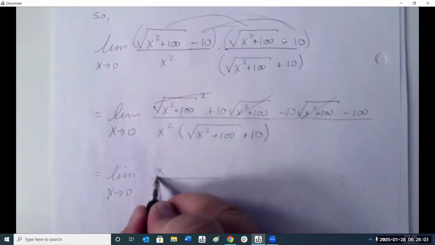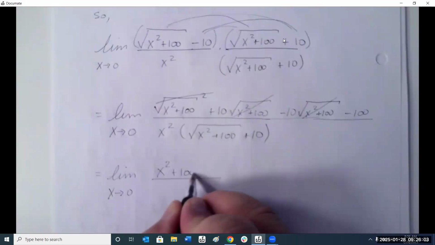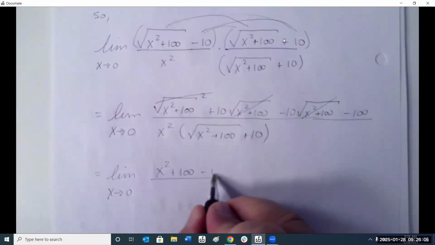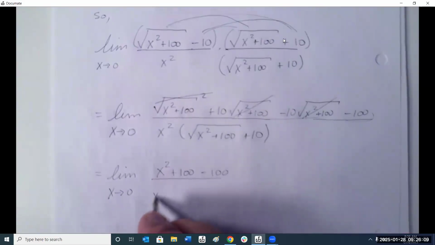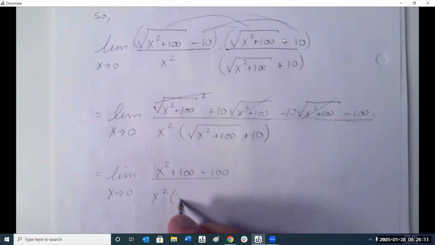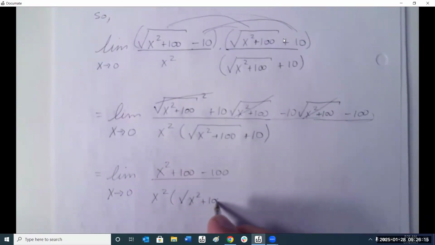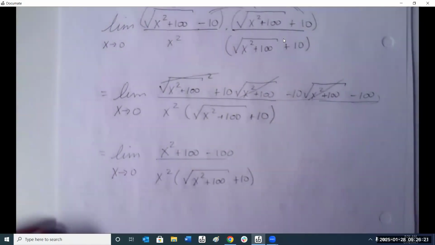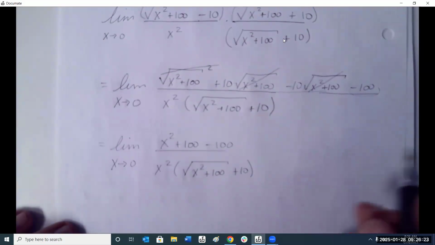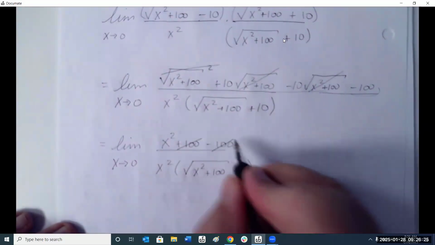We have x squared plus 100 minus 100, all over x squared times the square root of x squared plus 100 plus 10. The 100s cancel.